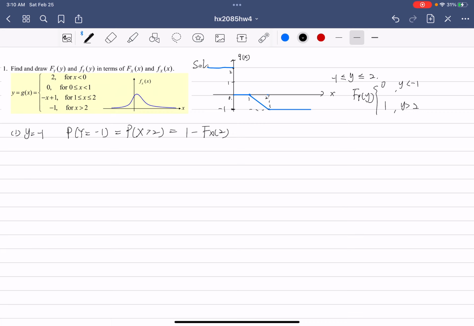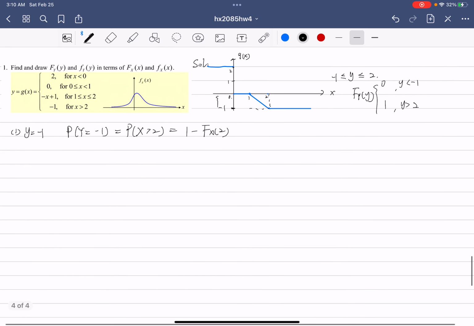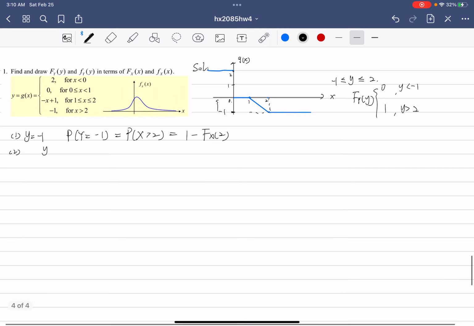For this part, y is less than 0 but larger than -1.